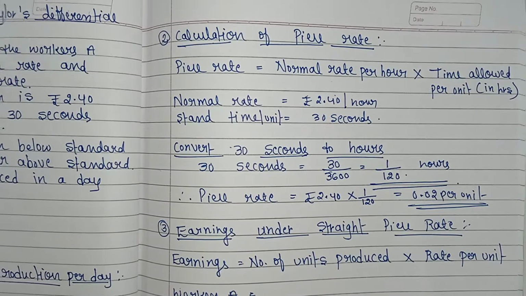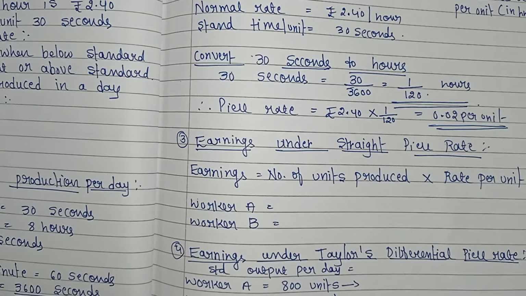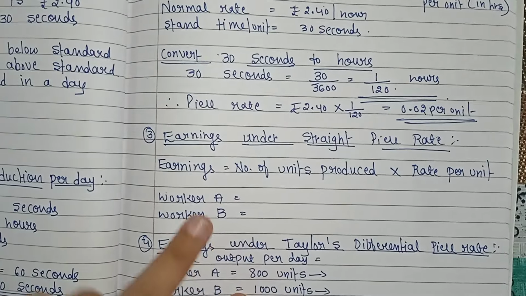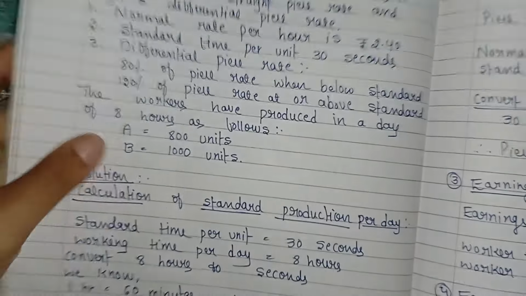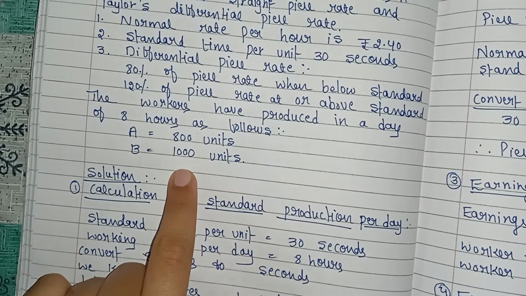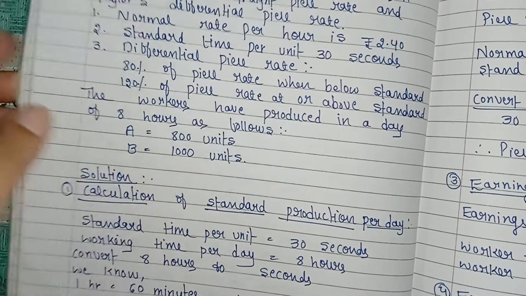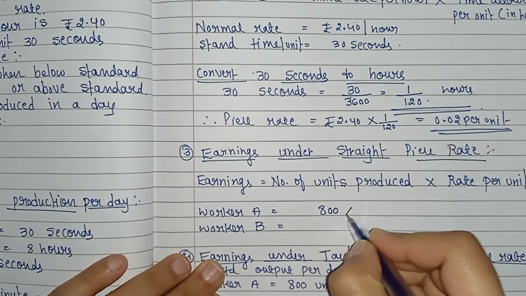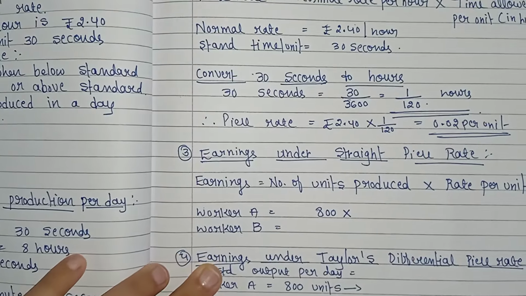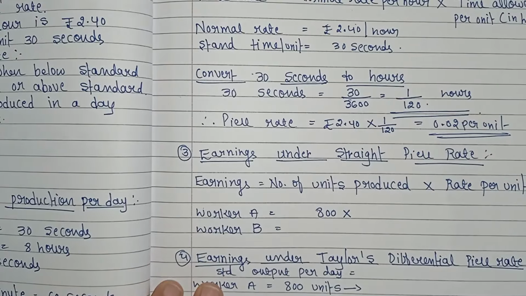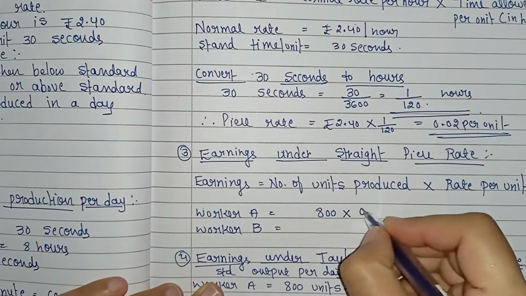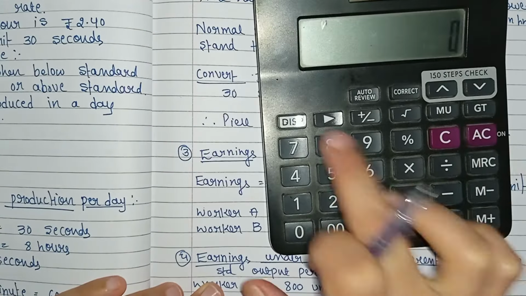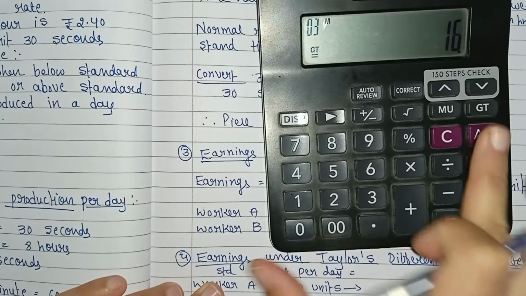Now we have to calculate the earnings under the straight piece rate system. What is the formula? Earnings equals number of units produced into rate per unit. Worker A produced 800 units and worker B produced 1000 units. So for worker A, 800 into the rate per unit, 0.02, which we just calculated. 800 into 0.02 is 16.